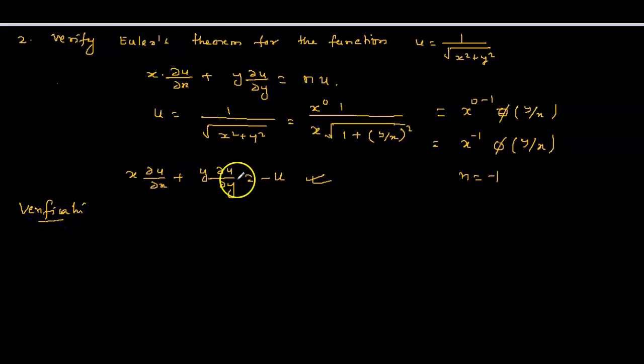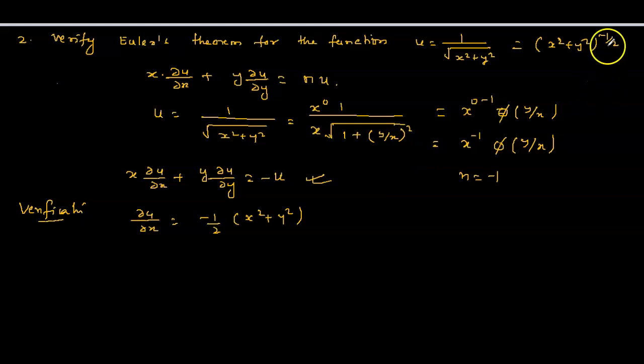So we differentiate u with respect to x. Del u by del x is equal to, this is square root of x square plus y square to the power of minus half. Differentiating, minus half into x square plus y square to the power of minus 1, so it becomes minus 3 by 2, into the inside differentiation, 2x.